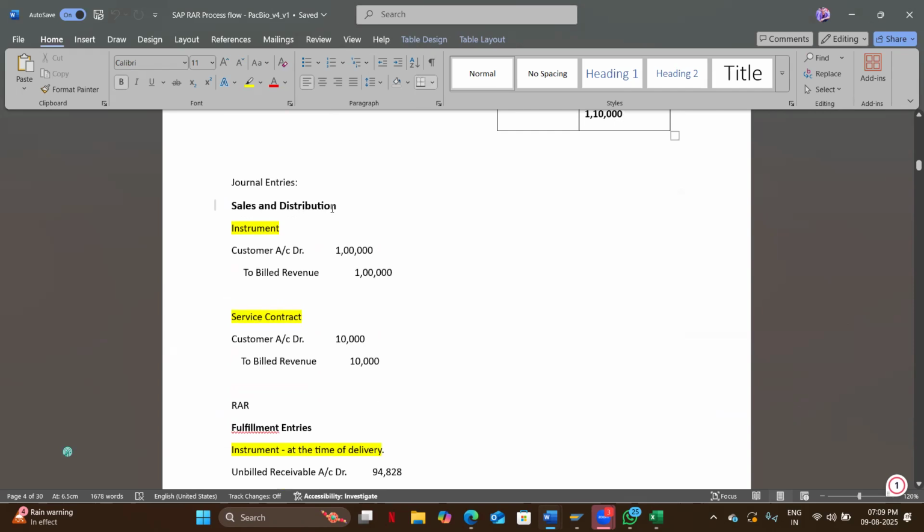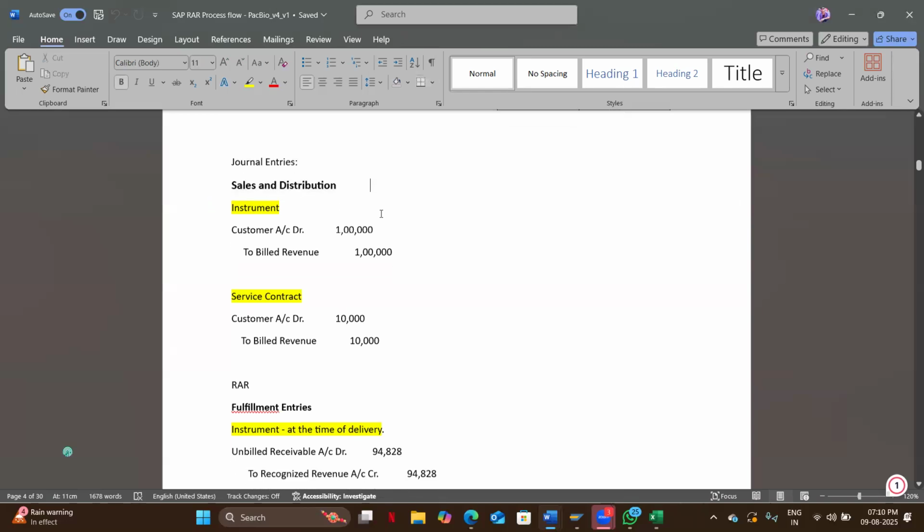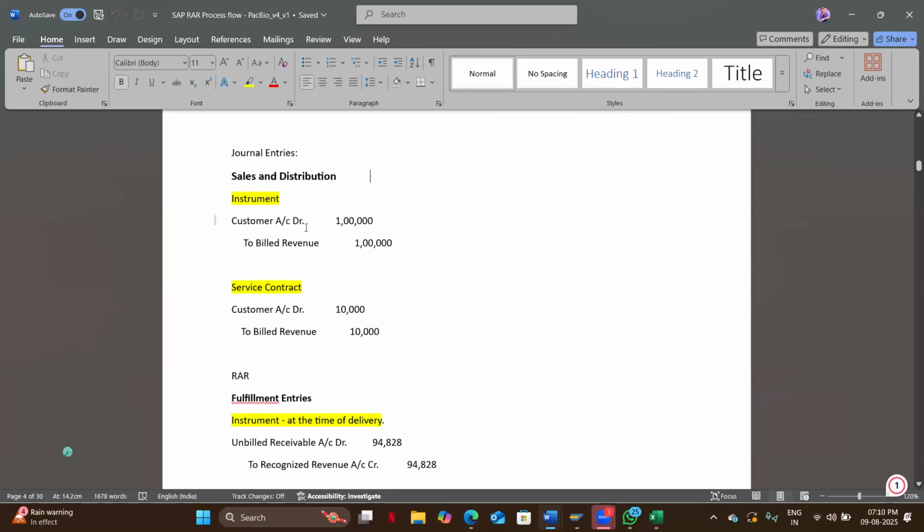So in the backend, two types of journal entry happen. One is SD to RAR: sales and distribution, which is SD, and another is the RAR side. On the sales and distribution side, it happens directly from the customer account to the billing revenue account.